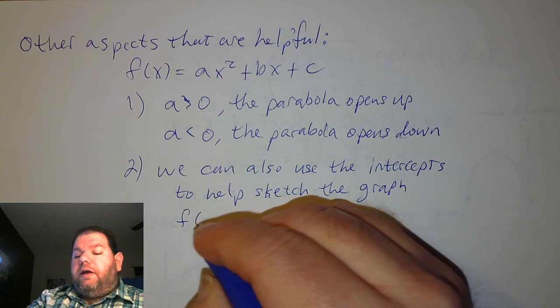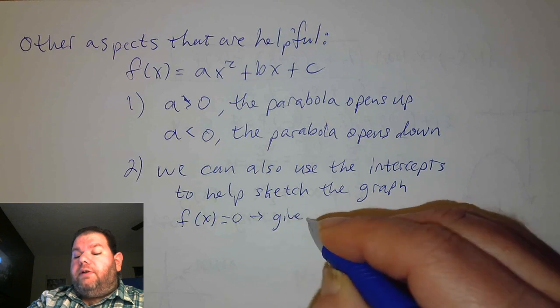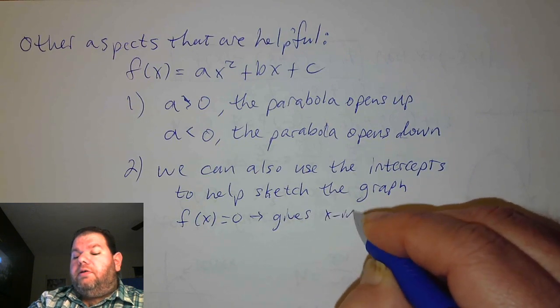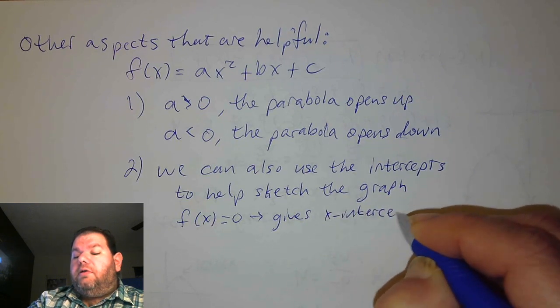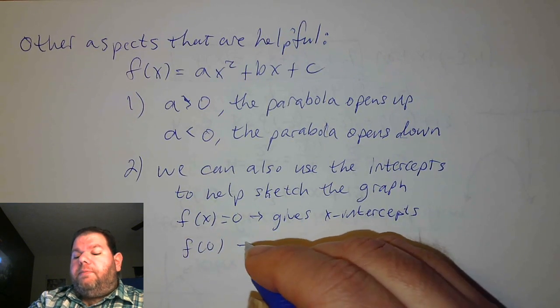So f of x equals 0 gives the x-intercepts, and f of 0 gives the y-intercept.